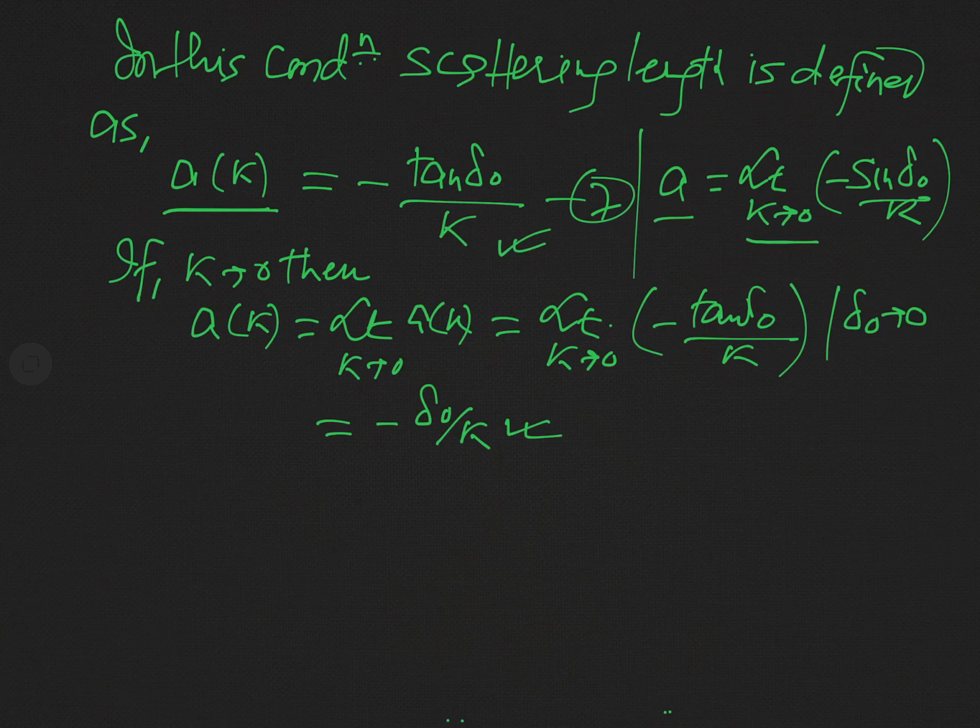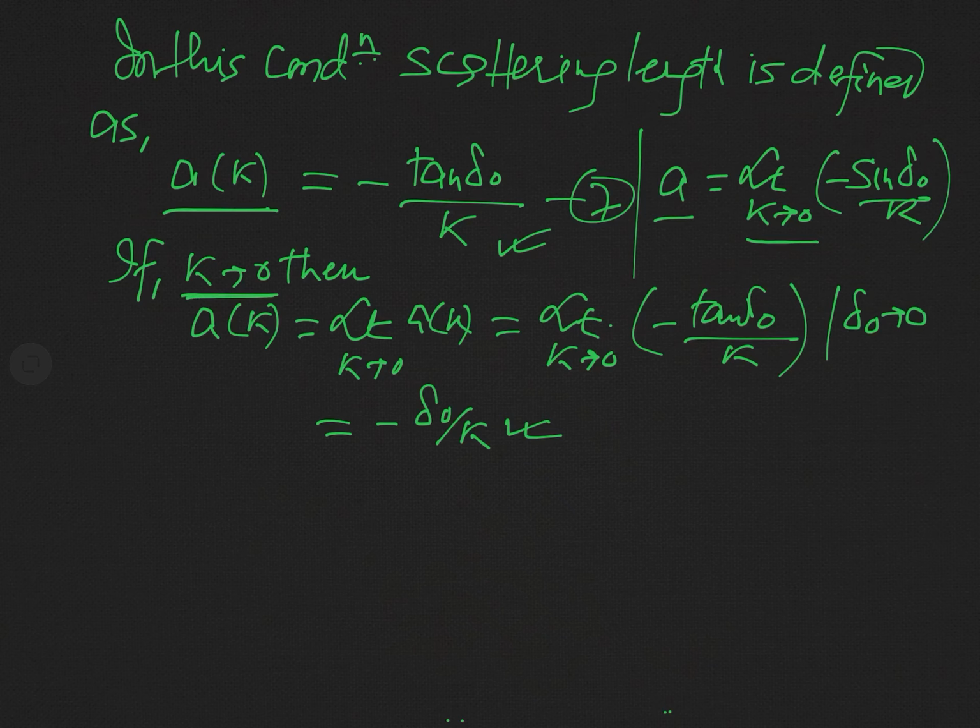So, this definition of a scattering length for all values of k is followed when we take this limiting condition k tends to 0. So, we can define the scattering length in general for all values of k in the manner defined in equation 7.